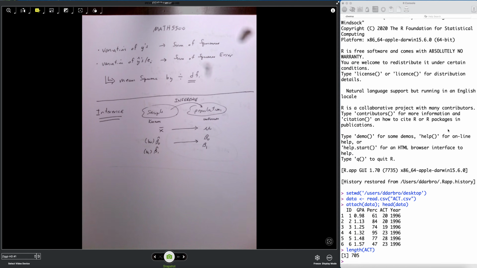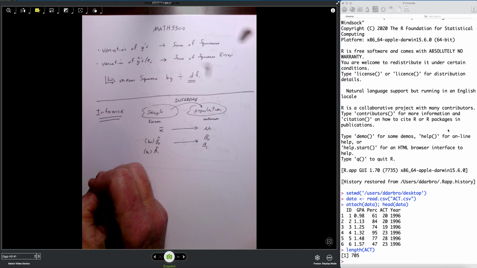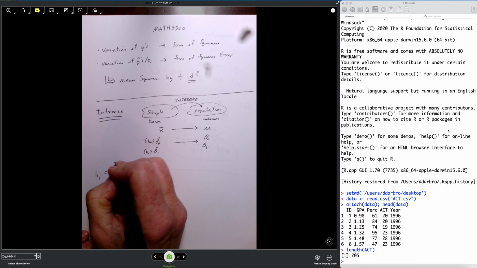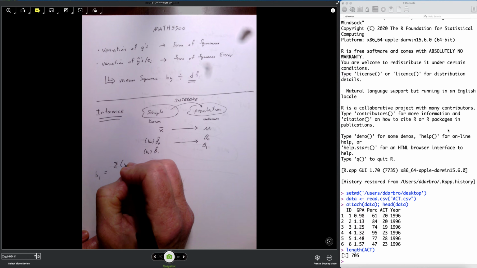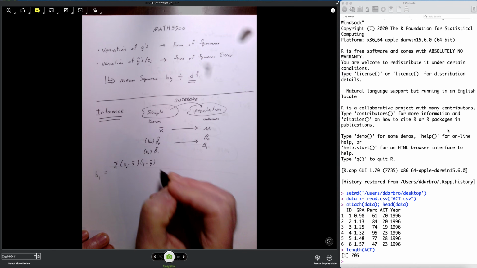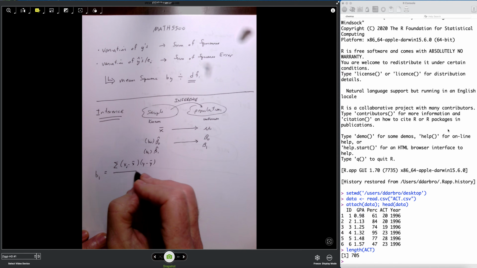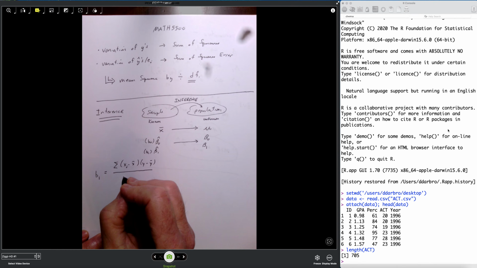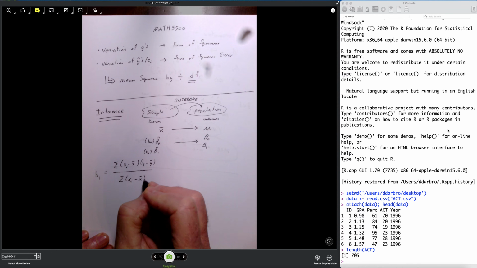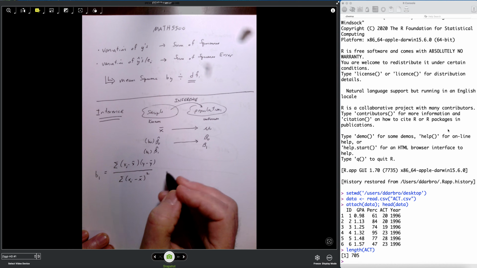We saw before that another way of calculating beta 1 is to take the sum of the deviations for x and y and divide by the sum of the deviations squared for x.